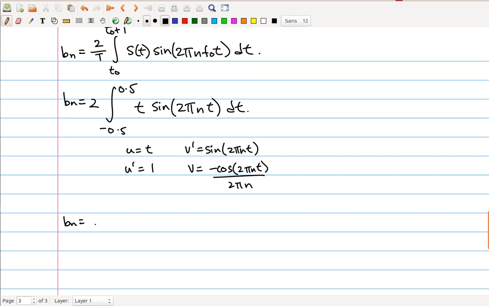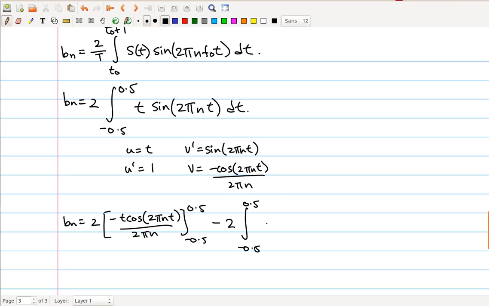The first bit is going to be u times v, so negative t cos 2 pi n t over 2 pi n between the limits of negative 0.5 to 0.5. That's our first bit. Then remember, we have to subtract the integral of u dash v.